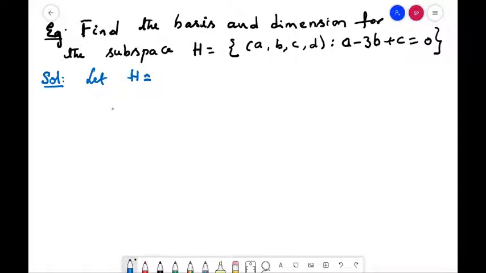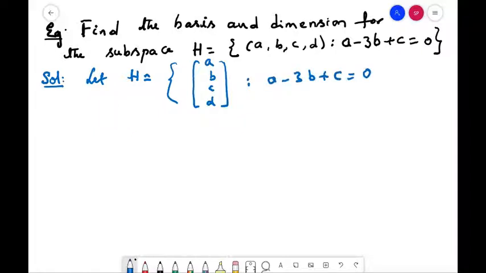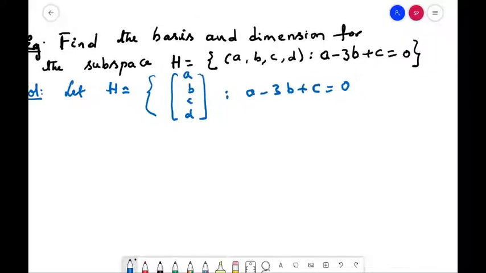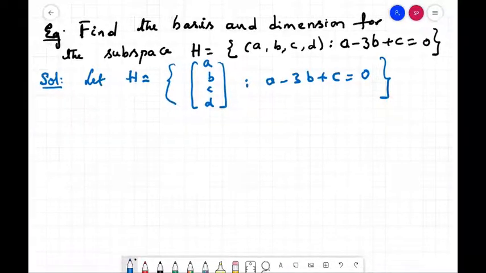H is given as the set containing a column vector a, b, c, d, the same ordered 4-tuple written as a column vector, such that a minus 3b plus c is equal to 0. Here you have 4 variables a, b, c, d, but you have information only about a, b, c. You have only one equation here.